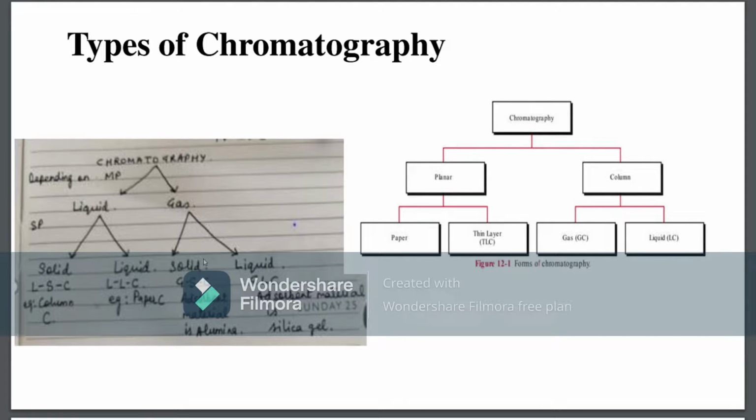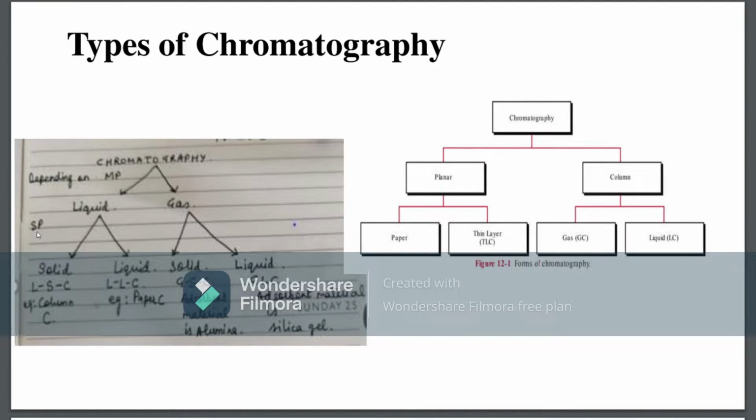Now coming to the classification. In many books, different types of classifications are given. First of all, we divide chromatography on the basis of the mobile phase. Depending on the mobile phase, it is divided into 2 main types, that is liquid and gas, because the mobile phase can be a liquid or a gas; a solid cannot be a mobile phase.